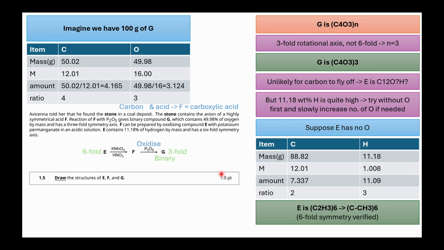So that is a really good step forward because right now everything has been verified. Now we just need to make sure that we can explain what is happening. So E is this, and you notice that you have six carbons, then you have six methyl groups. It's a really nice arrangement, and that reminds you a lot of a benzene ring with six methyl substituents.